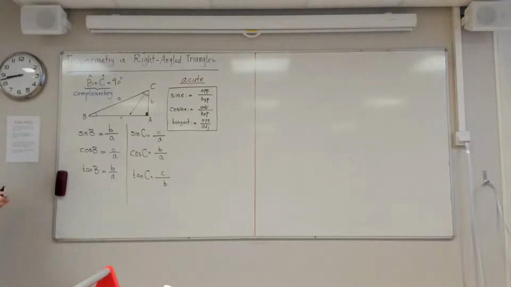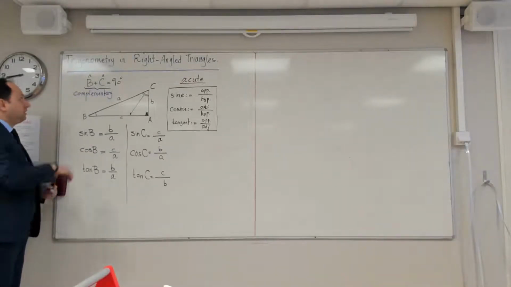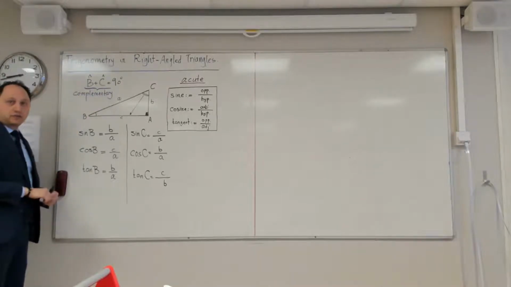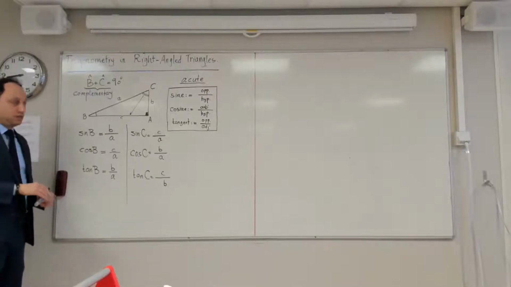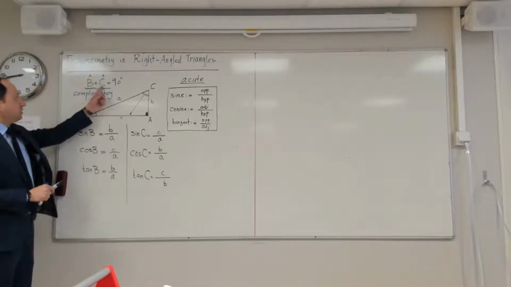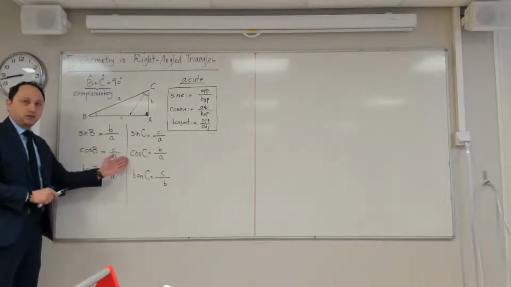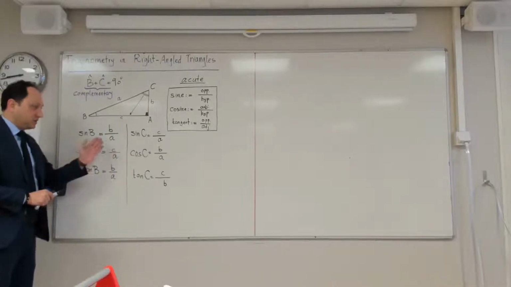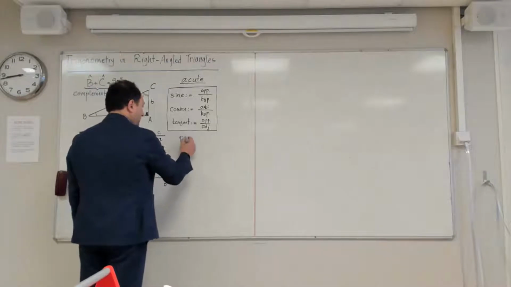So if two angles add up to 90 degrees, then they are called complementary angles, for example, 30 degrees and 60 degrees, or 20 degrees and 70 degrees. But we have a very nice relation: if I have two complementary angles, sine of one of the angles is always equal to the cosine of the other angle. So this is so important, I would prefer to write it as a remark.